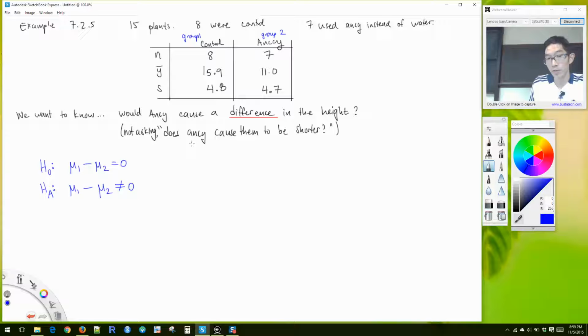But in this case, because it's just asking, is there a difference in the height, we have the not equal sign, which means we have a non-directional test.